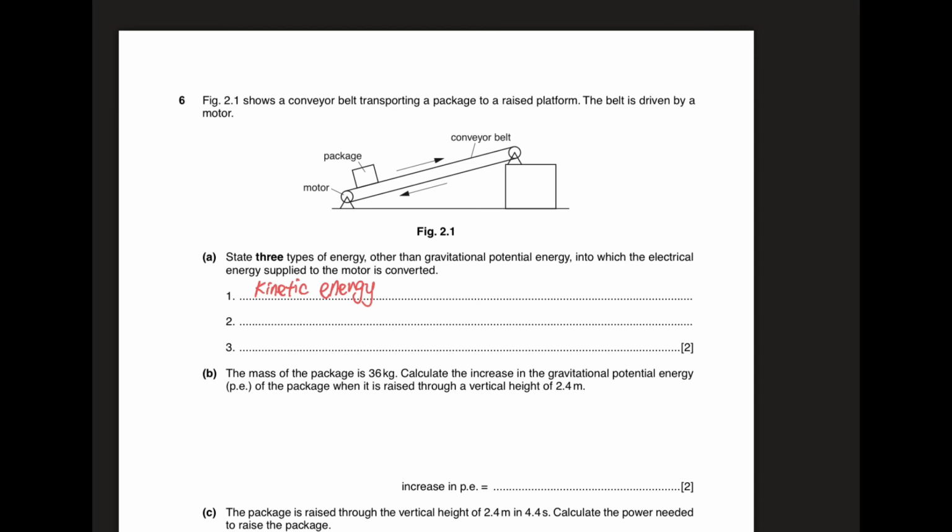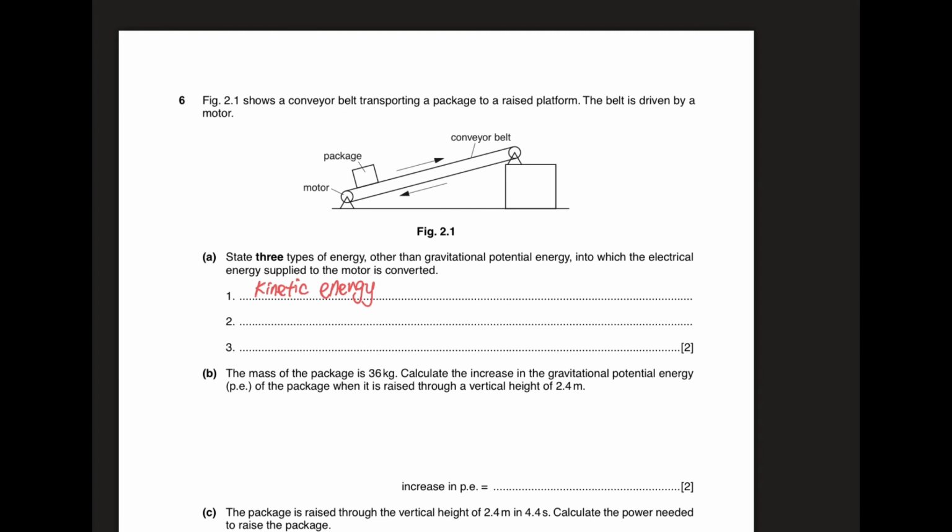Another one, electrical energy? Electrical energy is the input, so you don't say the input. Electrical energy is changed to others. So we can't say that electrical energy changes back to electrical energy. We want to change it to other energy.